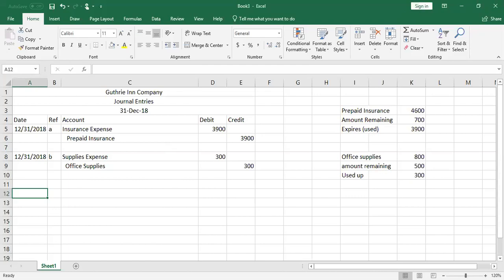Right here, they debited cash on November 20th, $3,600, and they credited unearned revenue, the liability account, $3,600. So you will see that balance in your general ledger. Unearned revenue has a credit balance in that T account of $3,600. So that's where it came from.